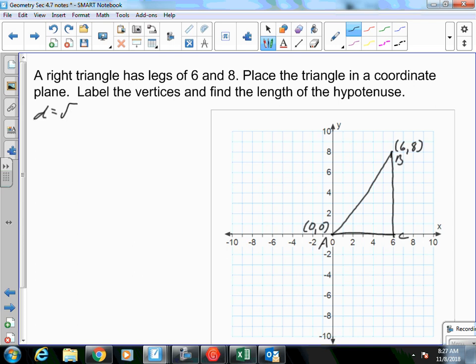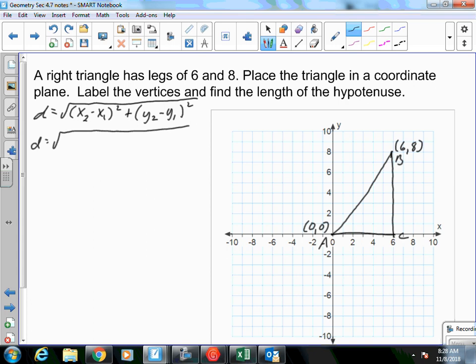That takes us back to the distance formula, which is the square root of (x2 minus x1) squared plus (y2 minus y1) squared.